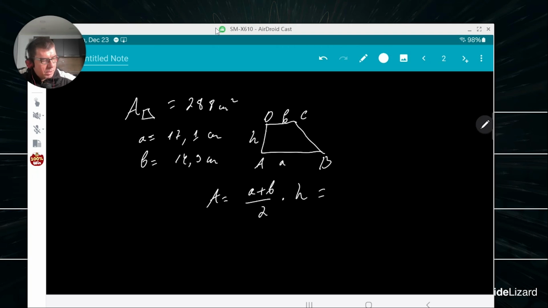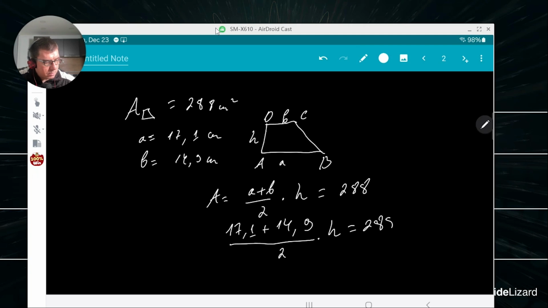So this would be equal to 288. So I substitute A and B with their respective values and I get 17.1 plus 14.9 divided by 2 times H equals 288. 17.1 plus 14.9 is 32, right?